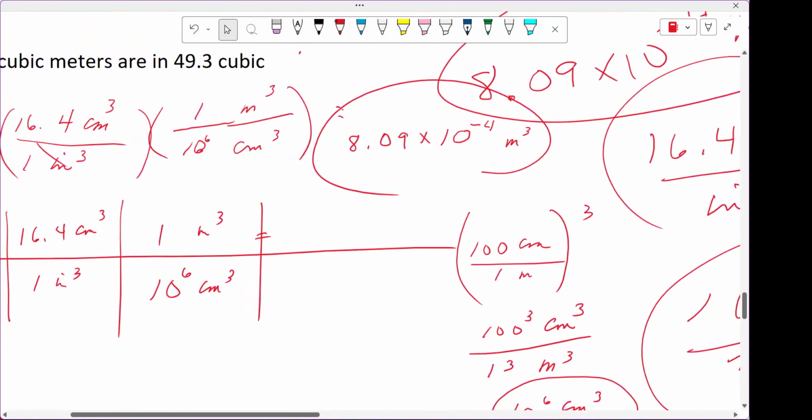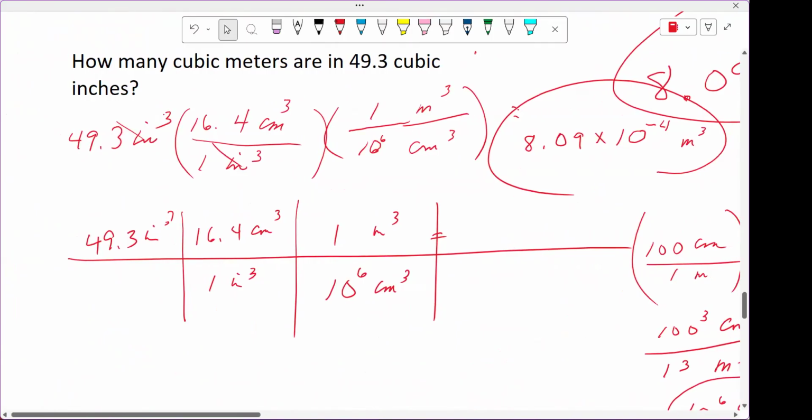Cubed, so it's just 49.3 times 16.4 divided by 10 to the 6th power. The 16.4 is 2.54 cubed, so it's already done. You don't have to cube it anymore. And the 10 squared is also cubed to 10 to the 6th.